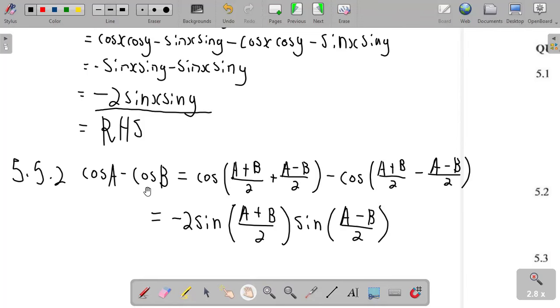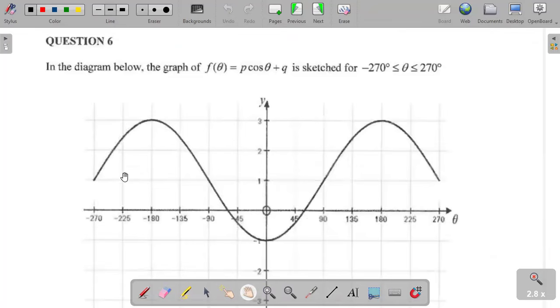So, okay, that's it for question 5. Let's move on to question 6 now. So here we have trigonometric graphs. Okay. We have to look at the trigonometric graph here.